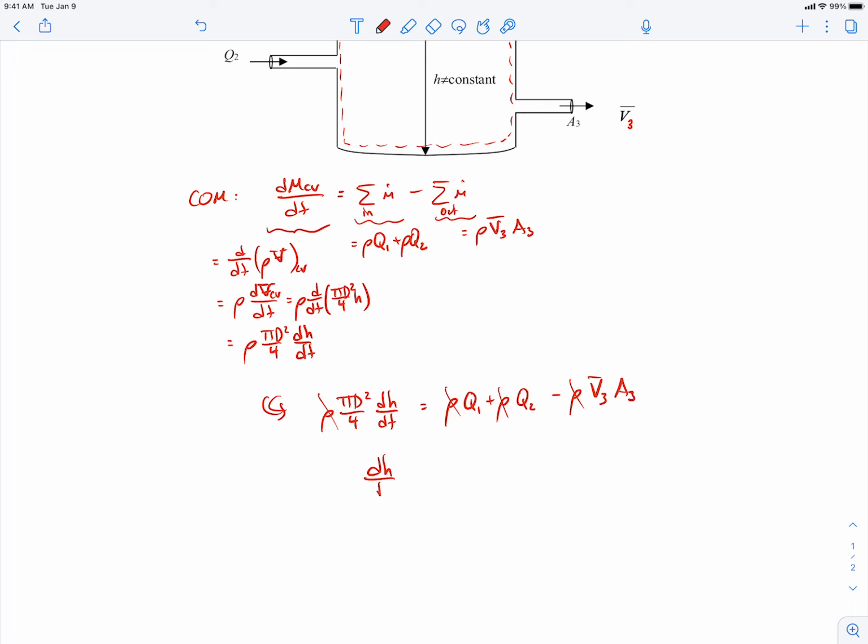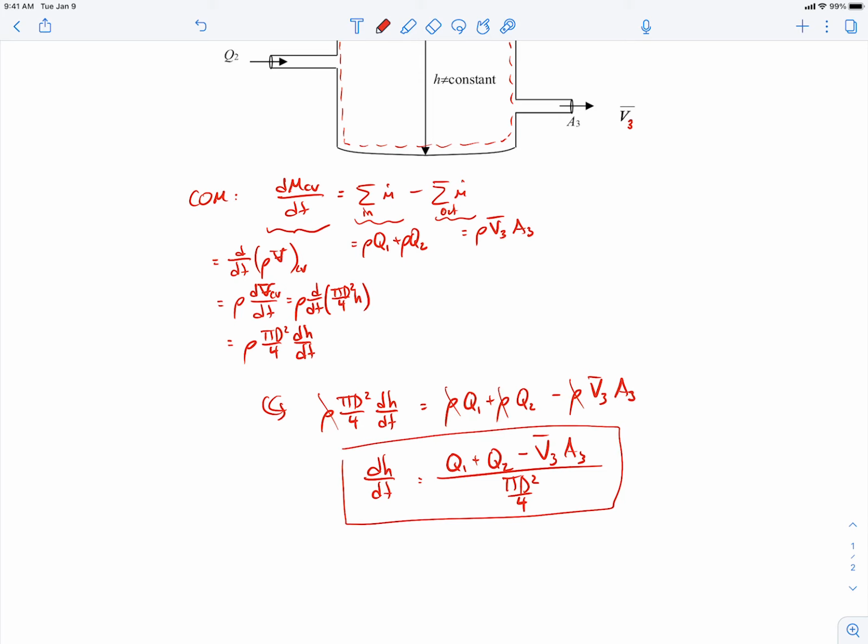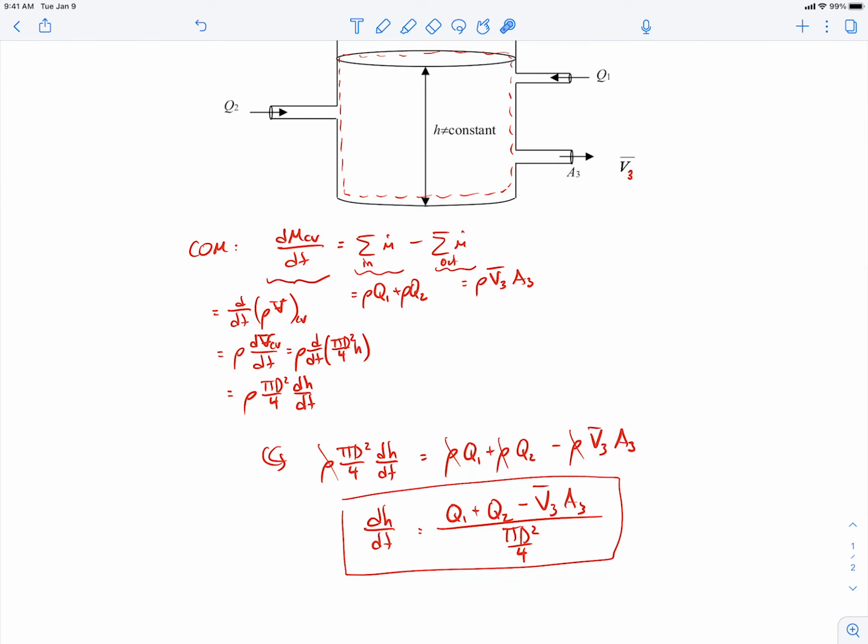And then we can solve for dH/dt. And that is just some simple algebra there. So there is the time rate of change of the height of this level here as a function of, so that's just how that height level is changing with time.